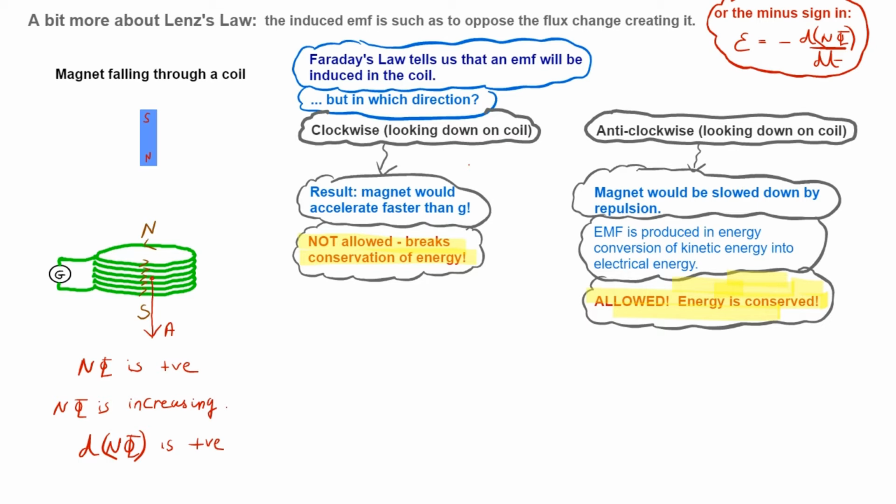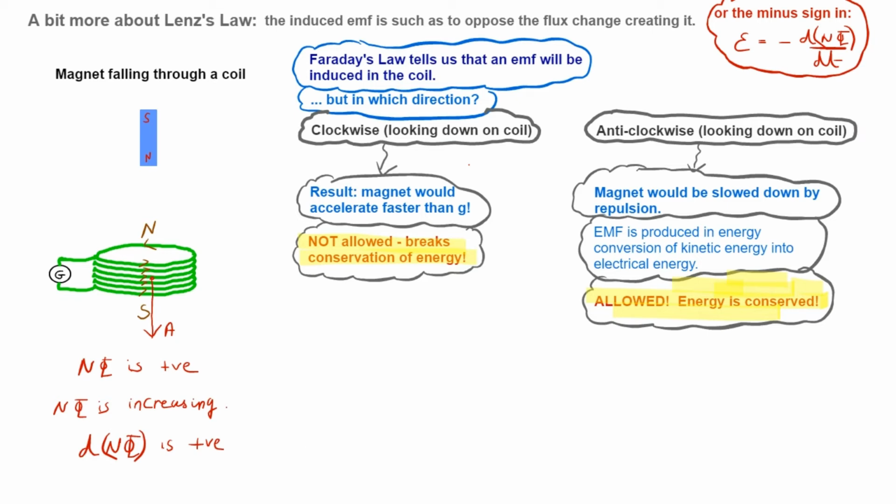It's not going to succeed, but it has to make an effort to stop that increase. It's got to oppose the flux change creating it. The flux change creating it is an increase in flux. The flux is starting small and getting bigger and bigger in a positive direction, what we've defined as the positive direction. So whatever arises in the coil just has to oppose that.